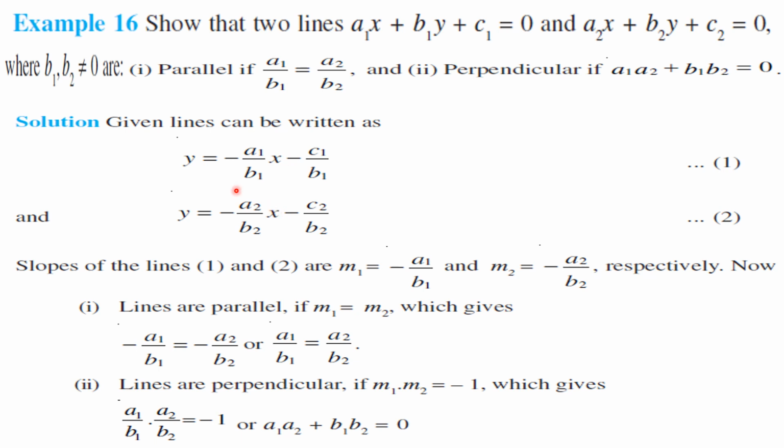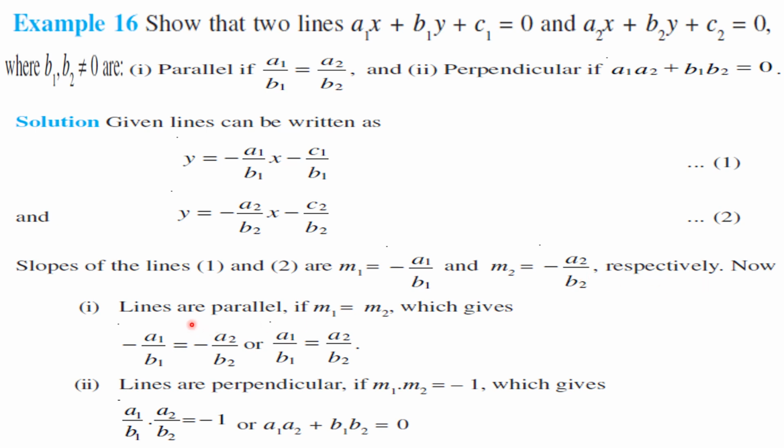So what is the slope of the first line? m1 is equal to minus a1 by b1, that is coefficient of x. And the slope of the second line, that is m2, is equal to minus a2 by b2. Here also we consider coefficient of x. Understood these 2 points, my children, respectively.